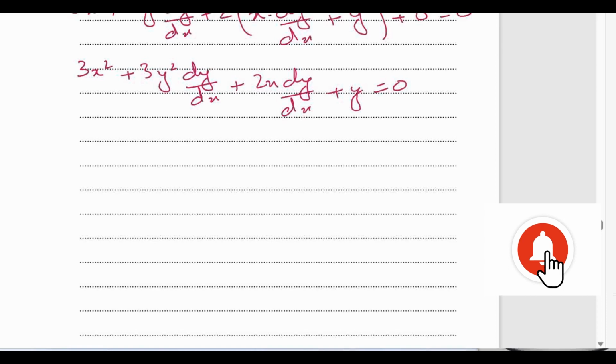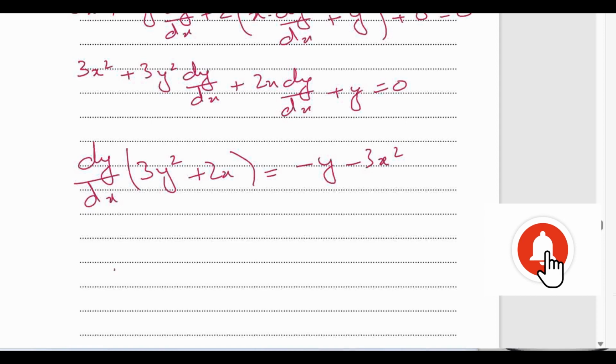Now, as we are interested in dy by dx, just take it common. So 3y square plus 2x will be equal to minus y minus 3x square.